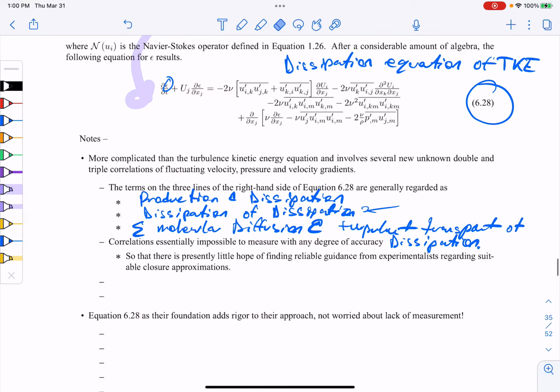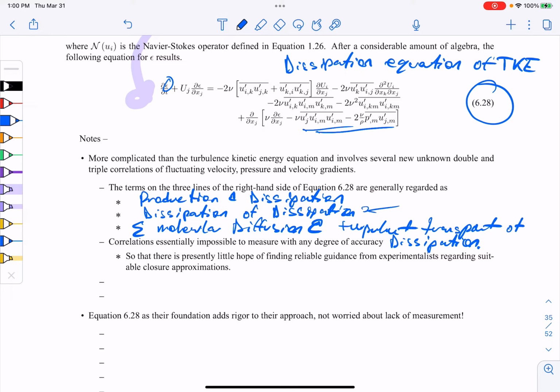And a lot of people have spent a lot of time on it. If you look at all these correlations, you can view them as additional unknowns. And a closure should try and relate those double or triple correlations, in all these forms, like pressure, velocity, triple correlation of velocity, into relations to variables we know, like mean flow variables, or other variables like K and epsilon, I suppose, ones that we can solve for in our equations.